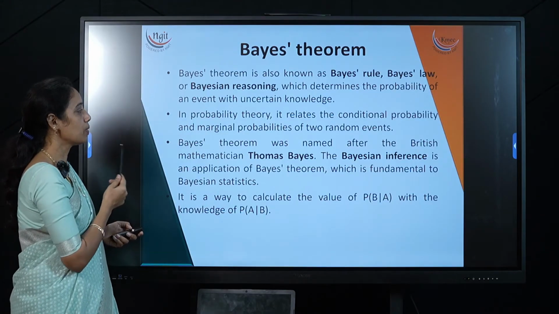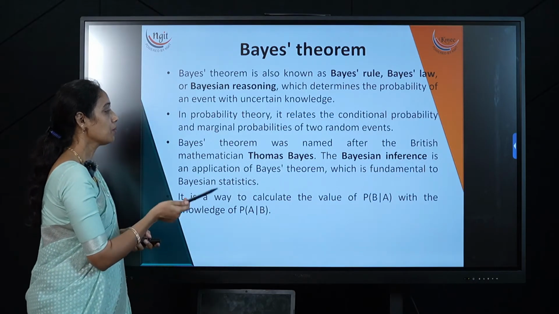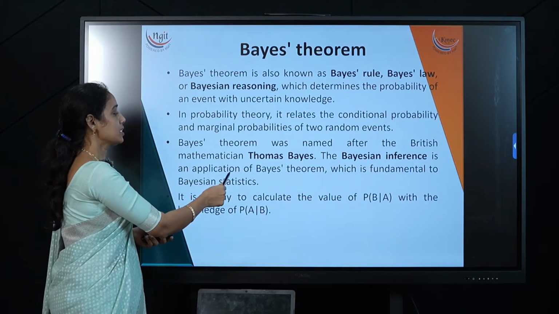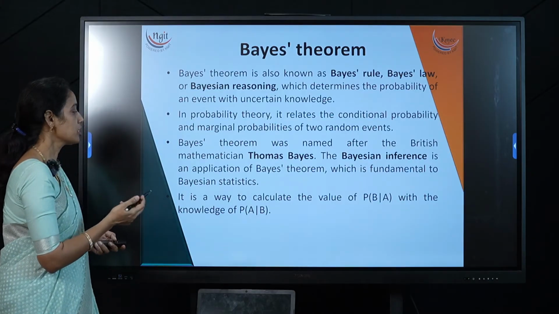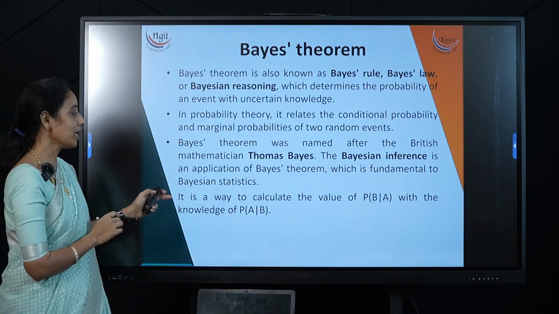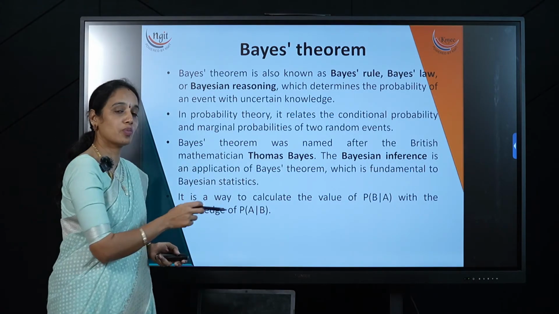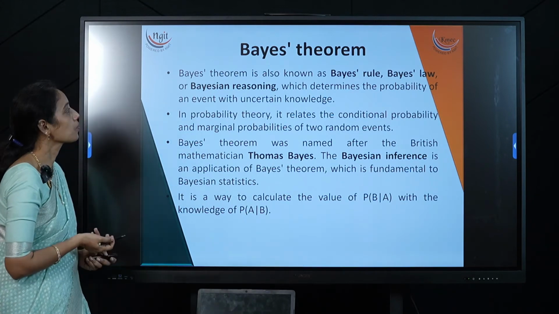It was named after the British mathematician Thomas Bayes. Bayesian inference is an application of Bayes theorem, which is fundamental to Bayesian statistics. It is a way to calculate the value of probability of B given A with the knowledge of probability of A given B.